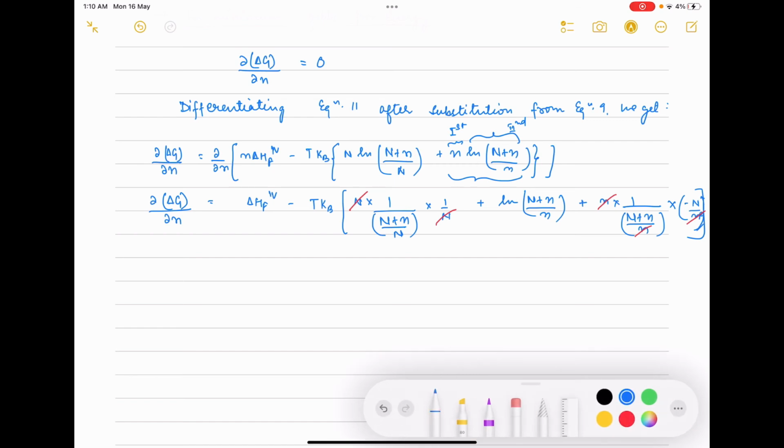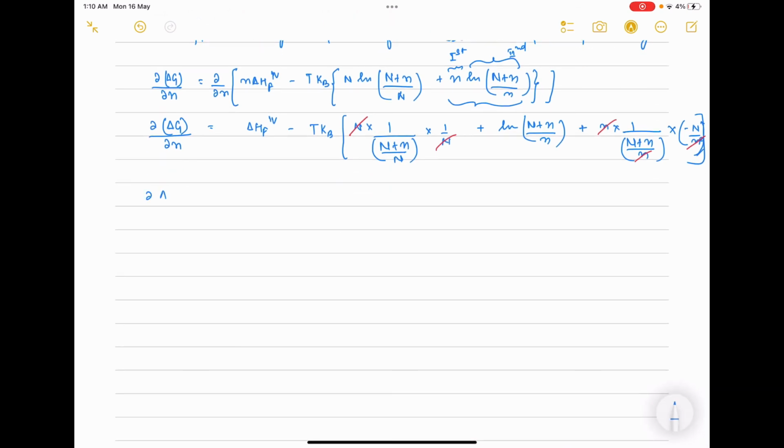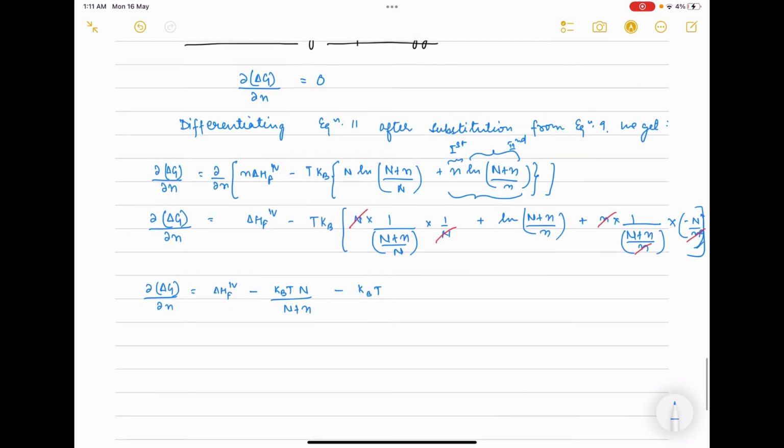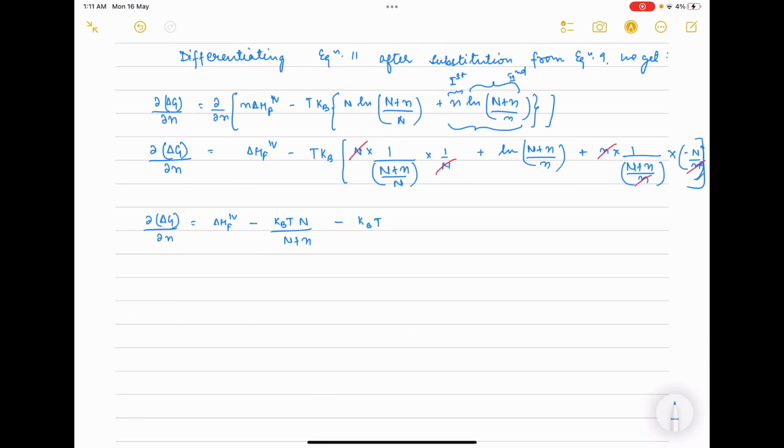So finally what we are left with is del of delta G by del N is equal to delta HF 1V minus kBT into N by (N plus n) plus N minus kBT into ln (N plus n) by n plus n by (N plus n) plus N into kBT.